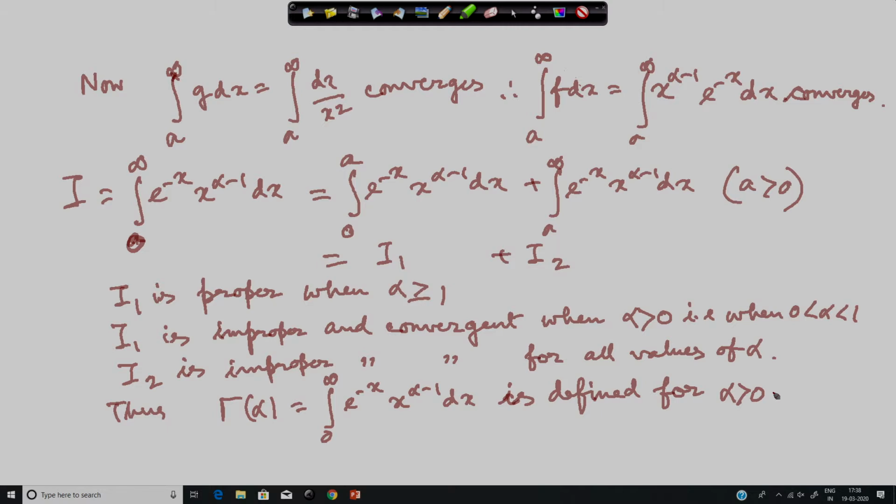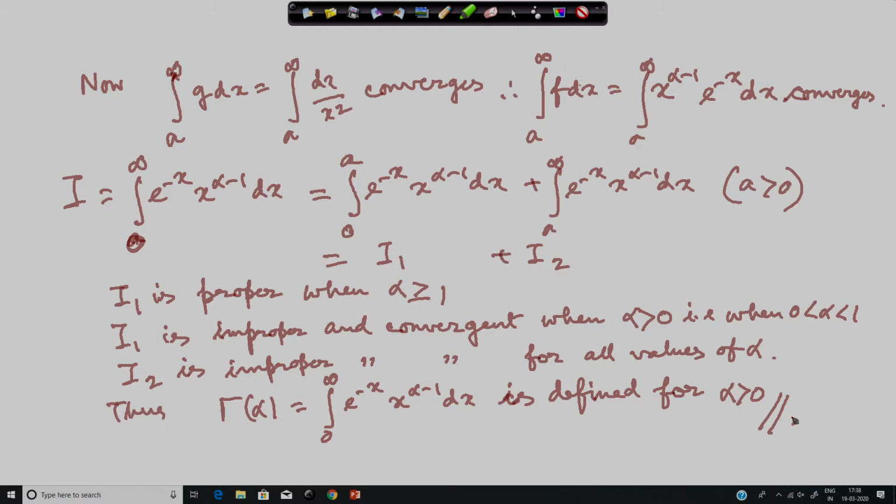When 0 is less than alpha less than 1, it is improper and convergent. When alpha is greater than or equal to 1, it is also improper as a whole, because I2 is improper. Although I1 is proper when alpha is greater than or equal to 1, I2 is improper but convergent even if alpha is greater than or equal to 1. So, that is about the convergence of the gamma function.